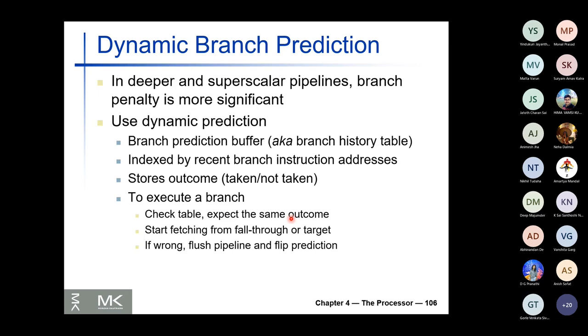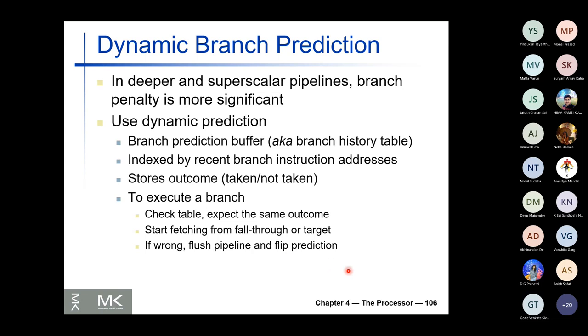We expect the same outcome, and depending on that, the pipeline starts fetching the fall through, that means the next instruction, or the target instruction, depending on this prediction outcome. And in case it is wrong, then you flush the pipeline and you flip the prediction bit. You flip the prediction status.